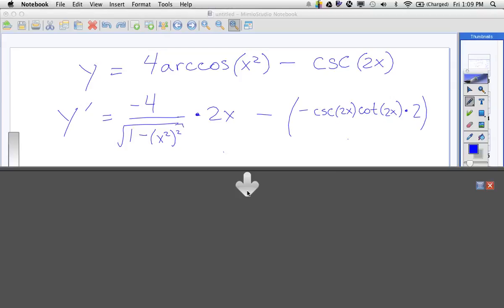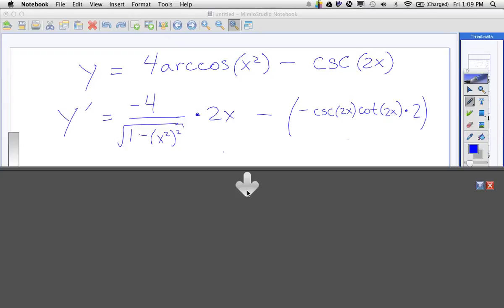Now, I went ahead and put the 4 on top with the arc cosine, right? I could have just put the 4 in front and then done the -1 over, but when you do a few of those, you start realizing, if you got a number in front, you can just put it up on top where the 1 is. That's our cosine, right? Our cosine's -1, and with the 4 makes -4. And then the square root on the bottom, 1 minus u squared, here's the u right in here.